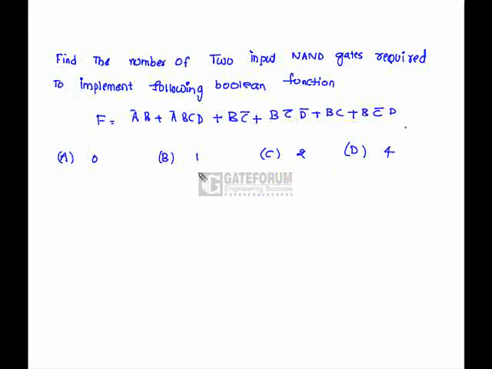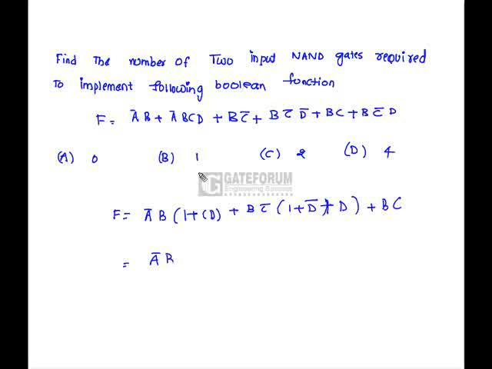Find the number of 2 input NAND gates required to implement the following Boolean function. Here, if we simplify this expression, A bar B into 1 plus CD, plus BC bar into 1 plus D bar, and this is one more plus D, plus BC.